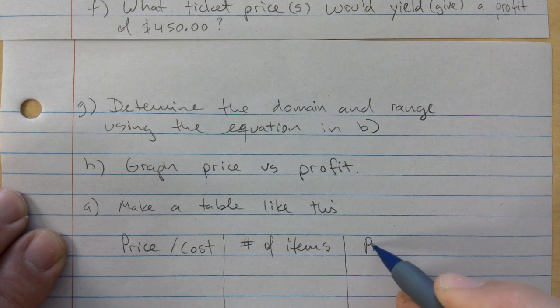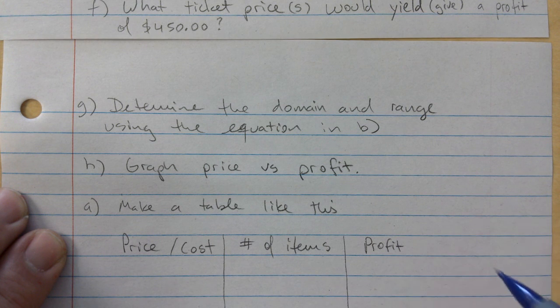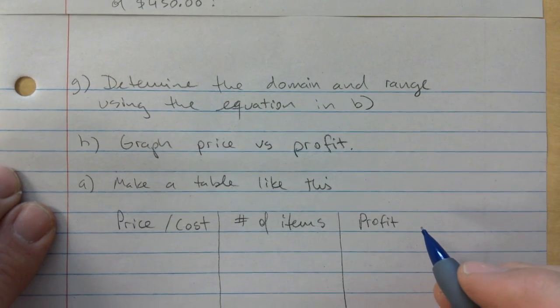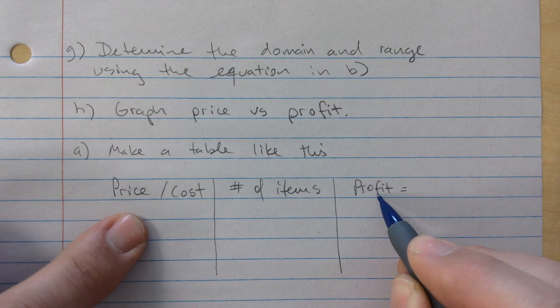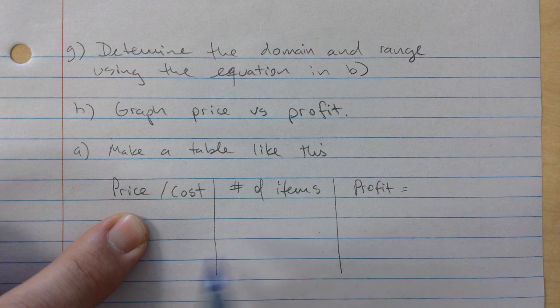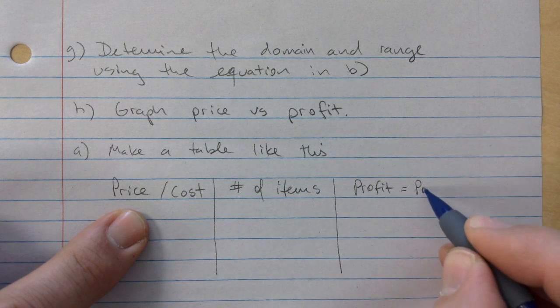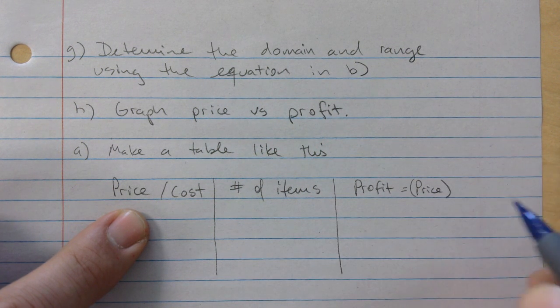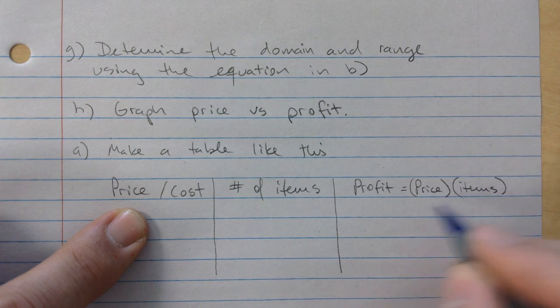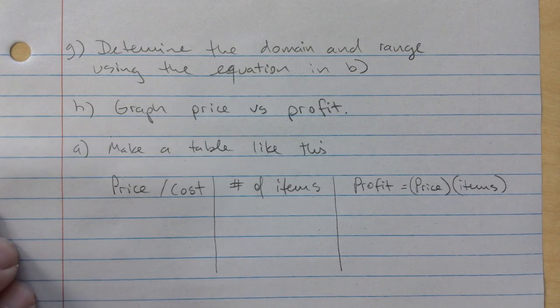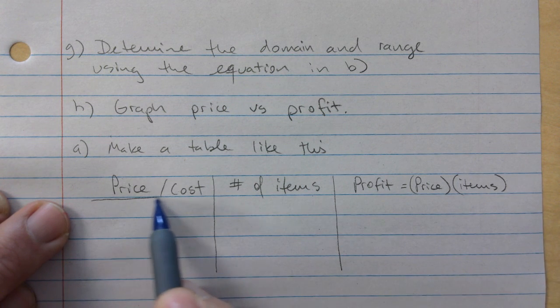And we have a profit column here, which we know that the profit in each scenario is going to be the price times items. That's how you would come up with the profit, right? So you make a table like this.